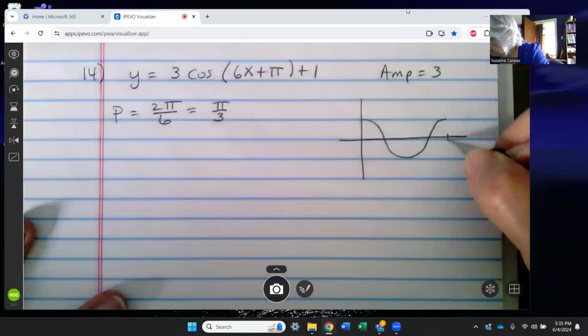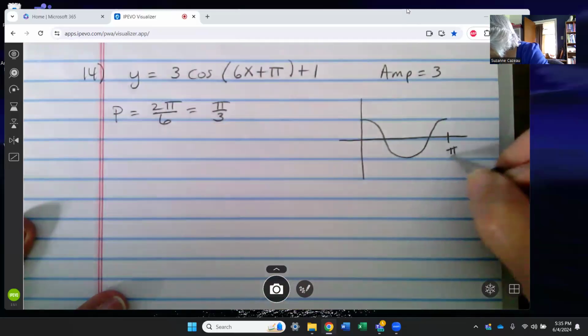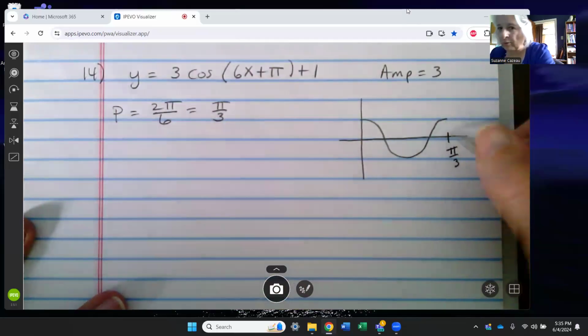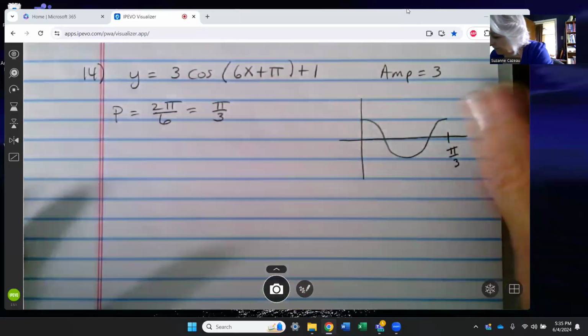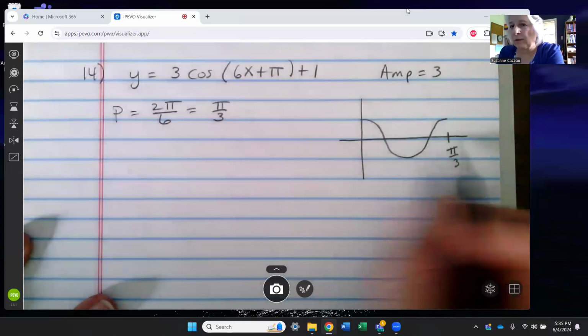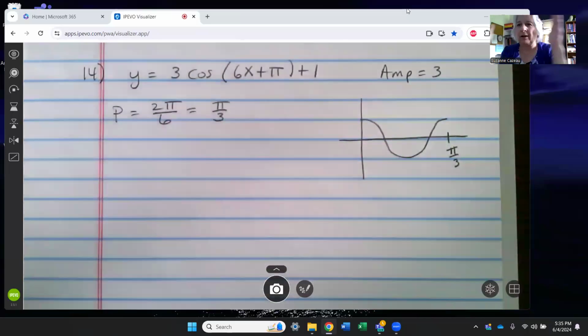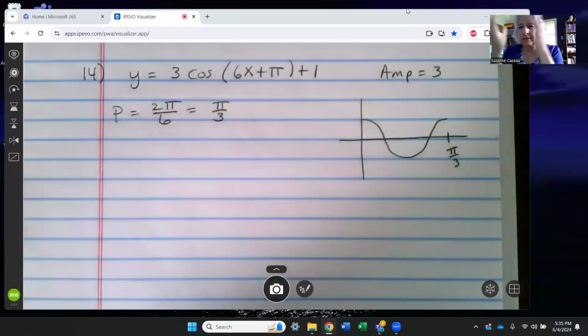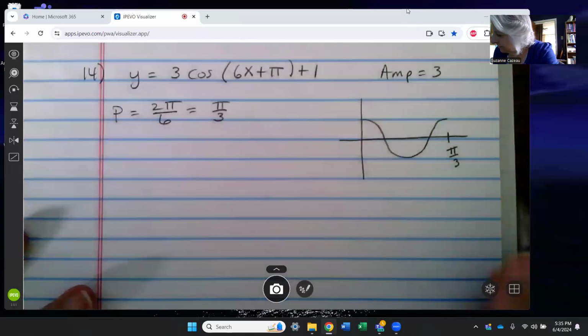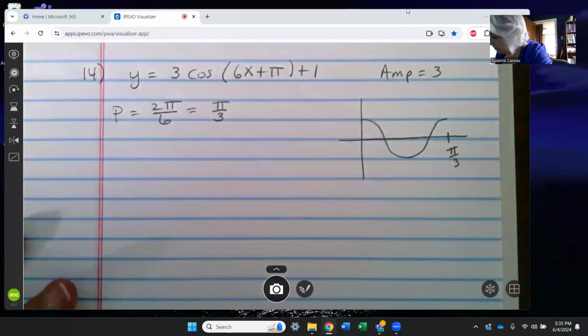So that means this point out here is pi over 3. This is before any shifting, okay? We've got to figure out how big the period is before we can do any shifting. All right. So that's why we have to do this part first.